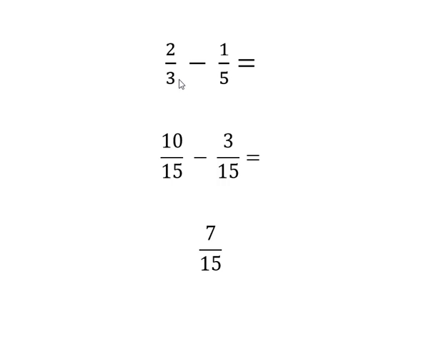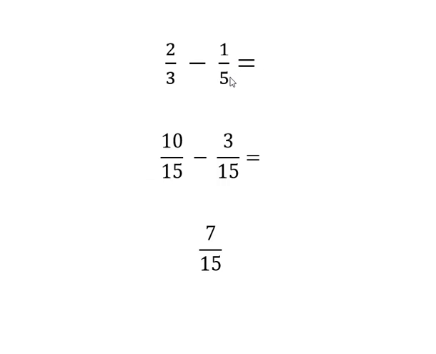In order to do that, both of these numbers, 3 and 5, go into 15. So in order to make this 3 a 15, you have to multiply 3 times 5. When you do that, you also have to multiply this 2 by 5 in order for it to be accurate. So 2/3 is the same as 10 over 15.